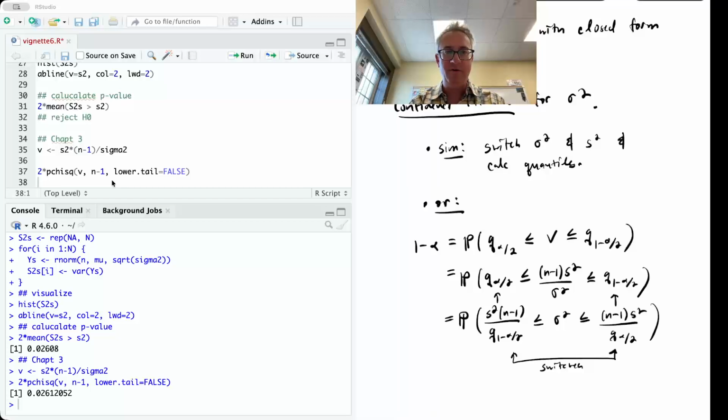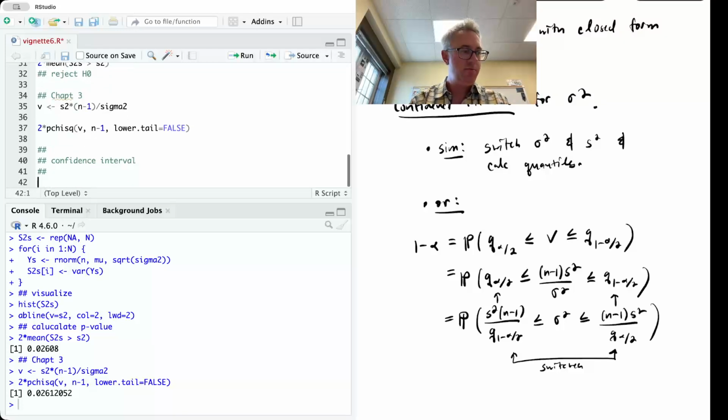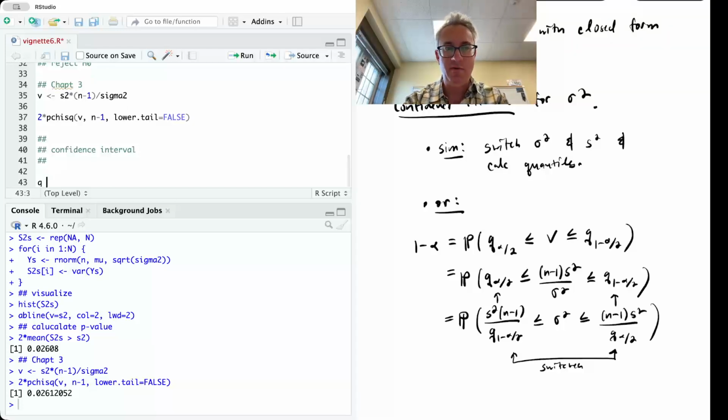Okay, so let's go over and do that in R. We'll do a confidence interval. All right, so first I have to decide what my quantile is going to be. We know that the s squared has a chi-square distribution, or sigma squared has a chi-square distribution.